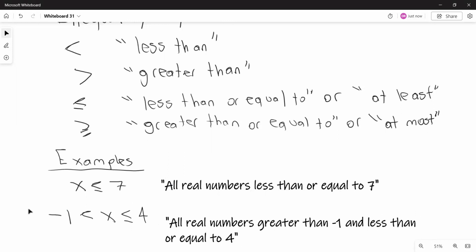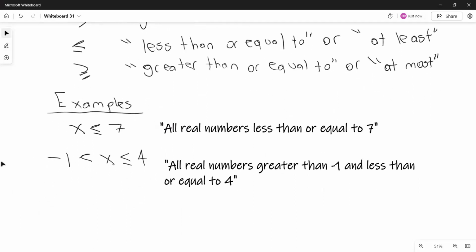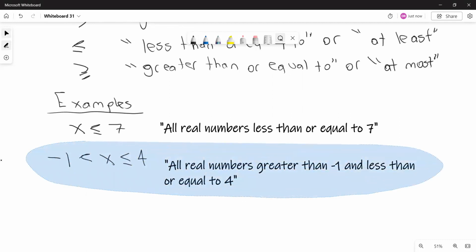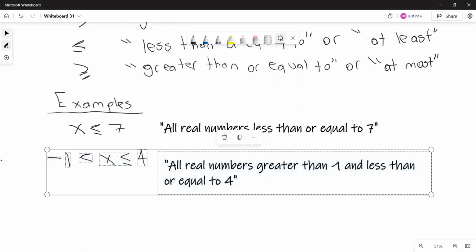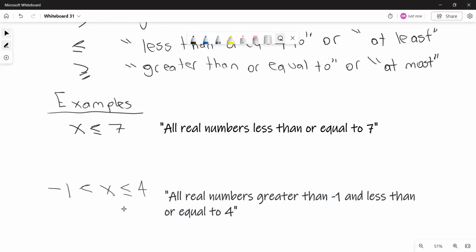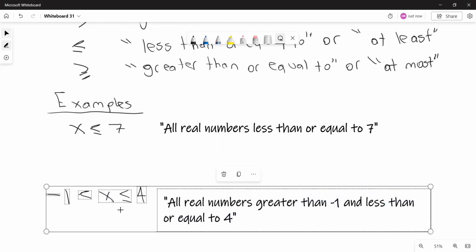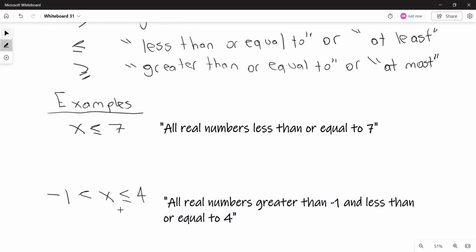Okay, so on the number line, I'm going to cut this to include a graph. So the first one on a number line is going to be all real numbers less than or equal to 7.